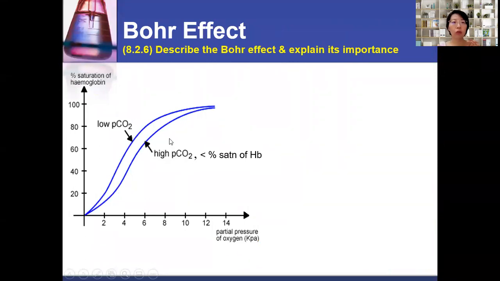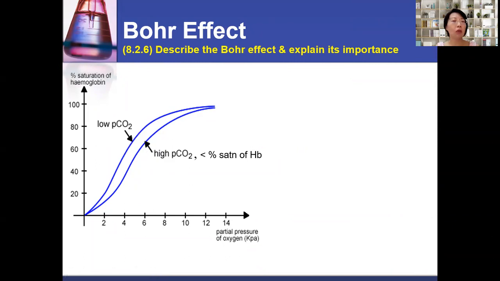Okay, now I want to show you 2 oxygen dissociation curves at the same time. On the left is the oxygen dissociation curve when there's low partial pressure of CO2. On the right, when it is high partial pressure of CO2. Okay. Now, low partial pressure of CO2 occurs in the lung, isn't it?